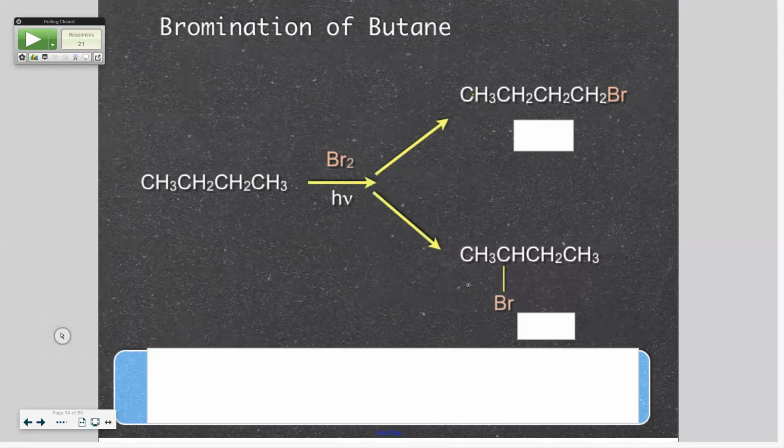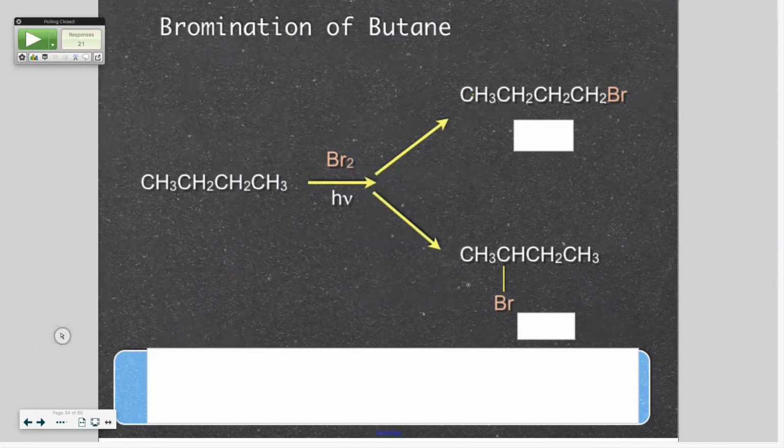Basically the same 2 that we got with the chlorination, only we have a bromine there. If we're reacting with bromine, make sure bromine ends up on your molecule, not chlorine. All right, now which one do you pick to be major?